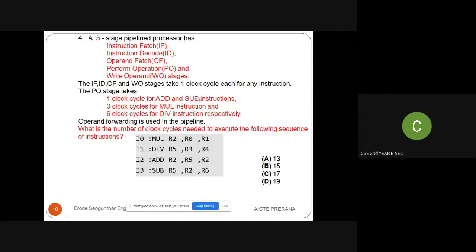For multiplication instructions, it takes 3 clock cycles to process. For division operations, it takes 6 clock cycles. So addition and subtraction hold 1 clock cycle, multiplication 3 clock cycles, and division 6 clock cycles.